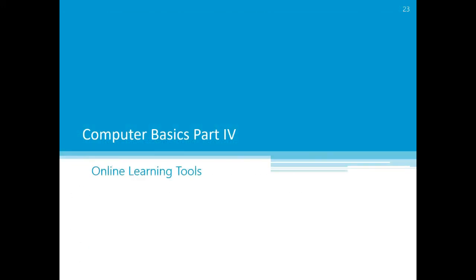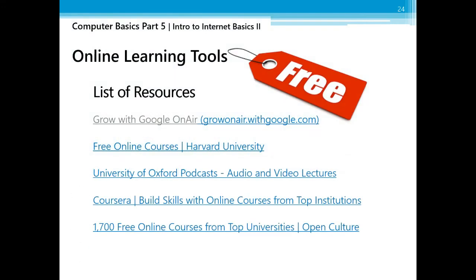Online tools. Now here are some resources that are free and they are awesome. Now, Grow with Google on Air has a plethora of classes or courses that you can take. The same with all of the other ones listed: Harvard University, Oxford Podcast, and Coursera.